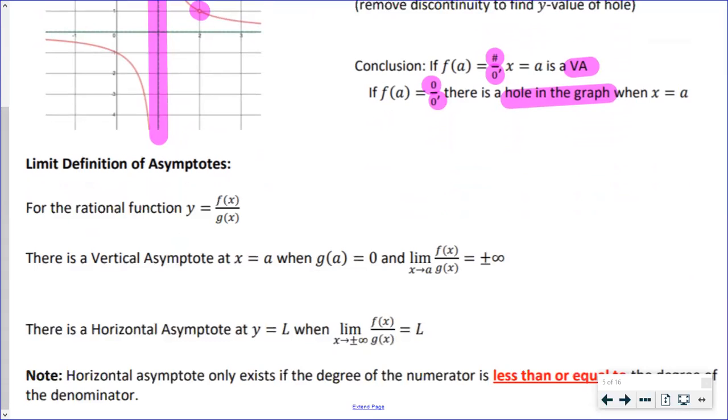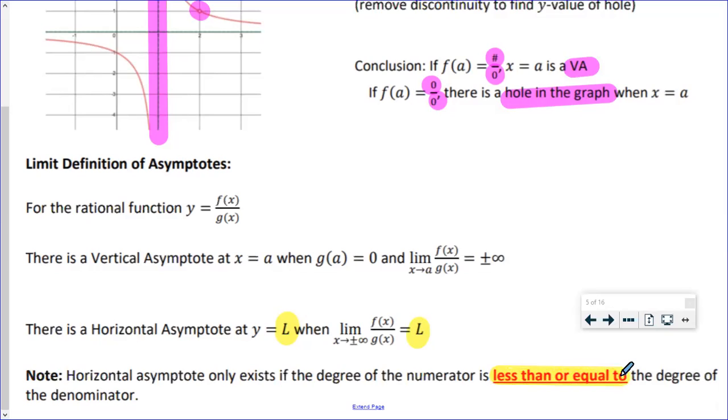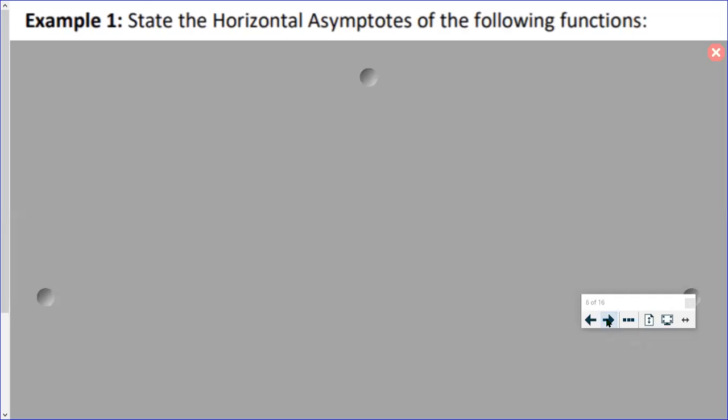However, when you have a horizontal asymptote, you're approaching one particular value of your limit, and horizontal asymptotes only exist if the degree of the numerator is less than or equal to the degree of the denominator. That we covered in the previous rule. So let's do some examples of actual equations where we're just solving for the horizontal asymptote.